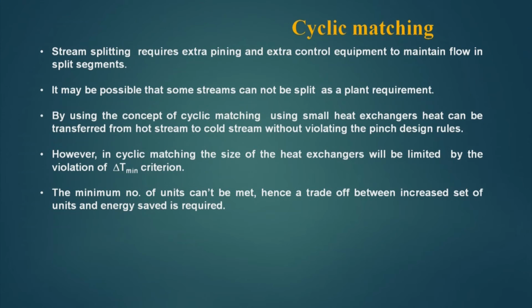The delta T minimum criteria will control what the capacity of the heat exchanger should be, or what load the heat exchanger will take up. The minimum number of units cannot be met in this case. Hence, a trade-off between an increased number of units and energy saved is required, because if I want to save more energy, more units have to be used. So, there is a trade-off between these two factors.